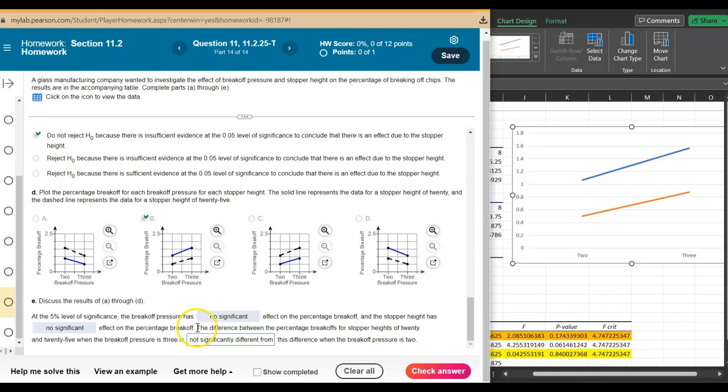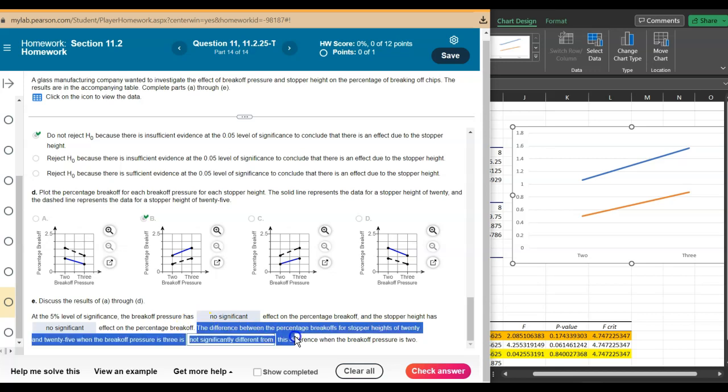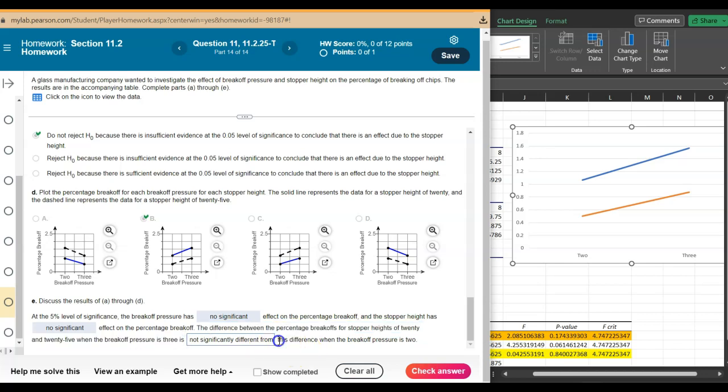So for this part here, we are looking for the difference between the percentage breakoff for the stopper height of 20 and 25 when the breakoff pressure is 3. All right, and we are comparing it with the difference when the breakoff pressure is 2. So we are talking about the distance between these two, right? Let me highlight it.